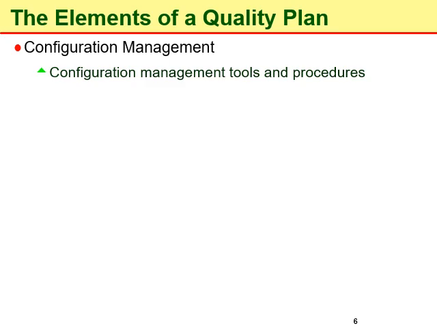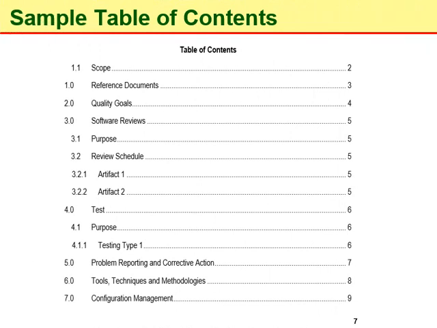So here we will see a sample table of contents. In this table of contents, you can see various elements. The majority of the elements here are the elements that we have seen in our discussion.